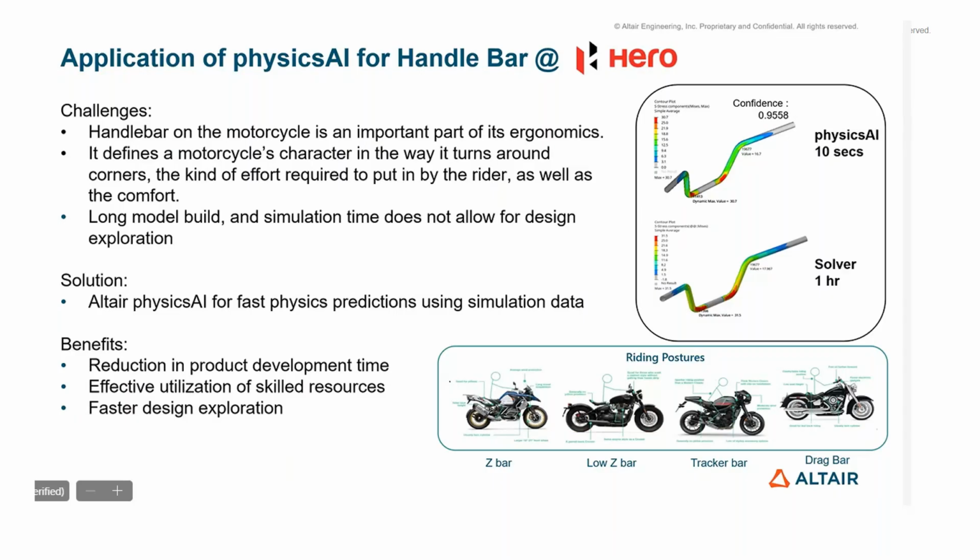That bar has been simulated. Generally it was taking 1 hour, and a number of design changes were happening to do all the ergonomic studies. That is where physics AI predicted properly and gave results in 10 seconds. The user has appreciated it, and Hero is using physics AI for that.